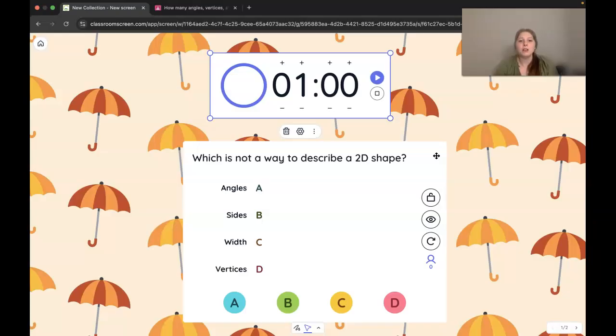Was it angle? Did we use angles to describe a two-dimensional shape? Did we use sides? Did we use width? And did we use vertices? So which one did we not use? I'll give you a couple minutes. Your timer for 1 minute starts now.